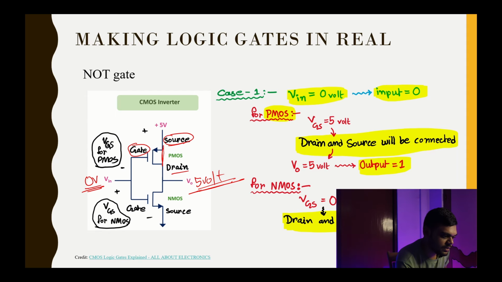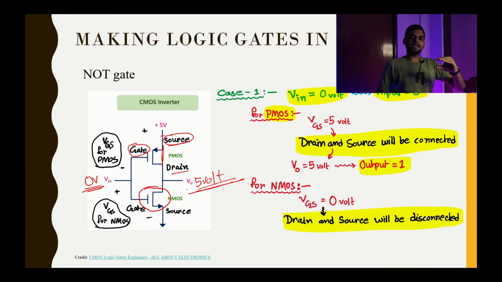And after that, we have another NMOS. In this scenario, the gate is at 0 volt. The gate is here, the source is here, and the drain is here. There is no voltage difference between gate and source of the NMOS.